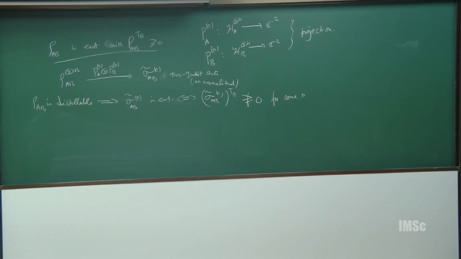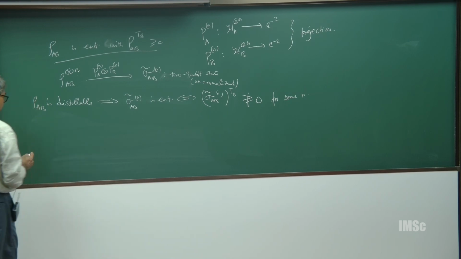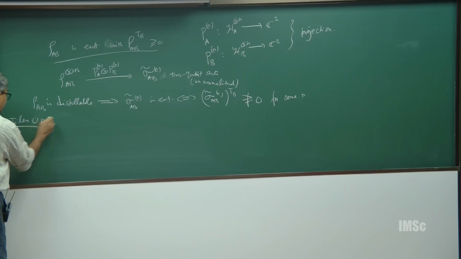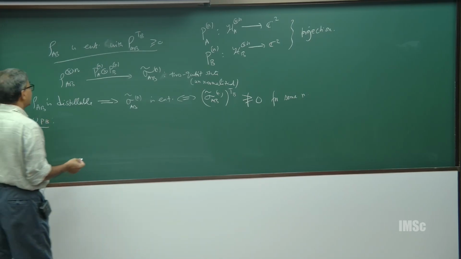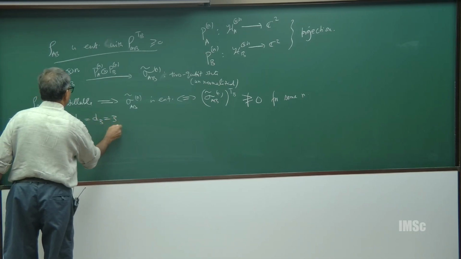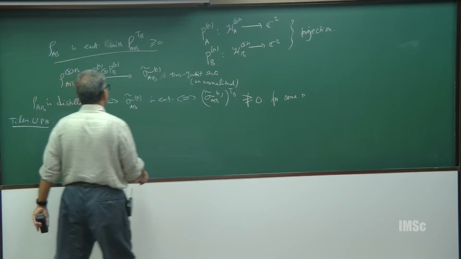There are several examples of this, but let me give you just one example. This is called tiles UPB, unextendable product basis. So let us say I take d A equal to d B equal to 3, and let us take this state.